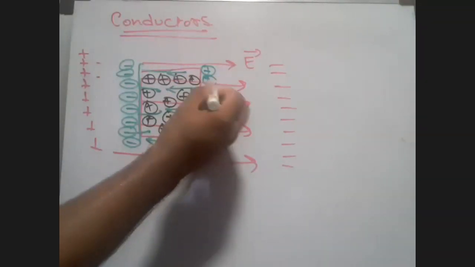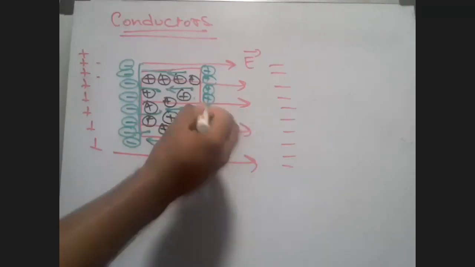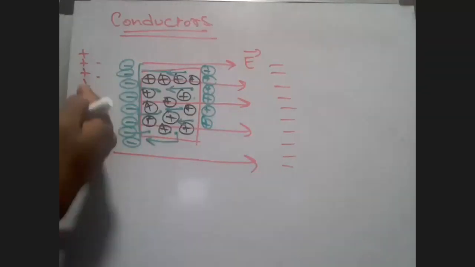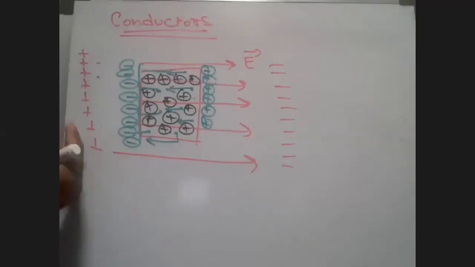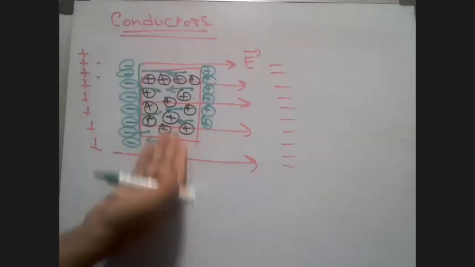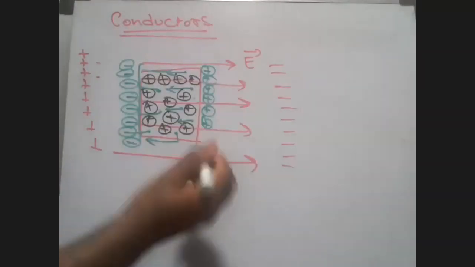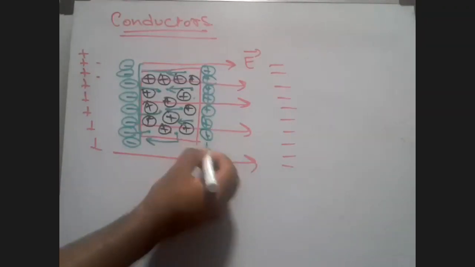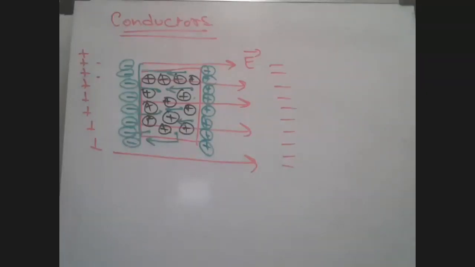You can apply conservation of charge, or you can state that the positive charges due to this external electric field repel the positive charges in the conductor, pushing them towards the other side. That's all. This is the behavior of a conductor.